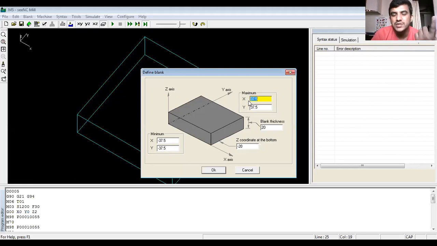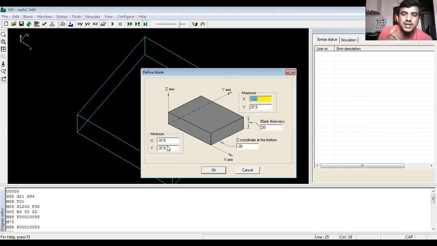See that in the earlier case, the bottom left corner was the origin, so we entered only the maximum X and Y value. Minimum X and minimum Y value we entered as 0. But now I want to move the axis to the center of the workpiece. From the center you have to give both maximum and minimum values. Total it is 75 mm in X direction, Y also 75 mm.